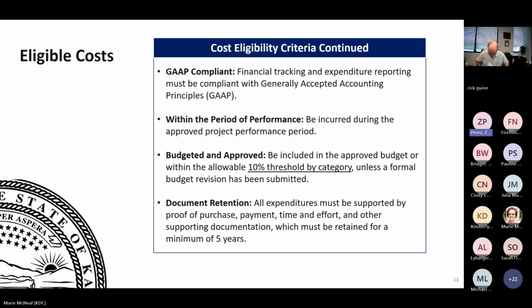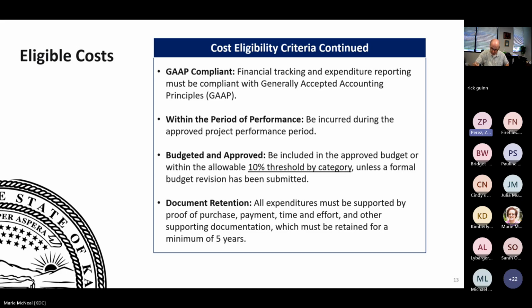Now, the budget and approval. I'm going to try to explain this as simply as possible. If you have a category for personnel, and let's say you go over a line item in there, for HR, I'm just going to throw out a name, and say HR is over budget by $1,000.